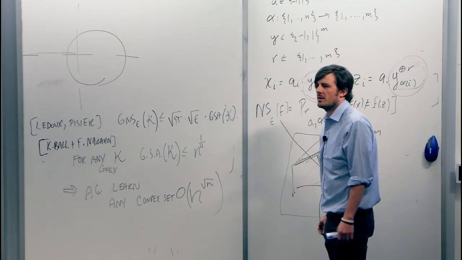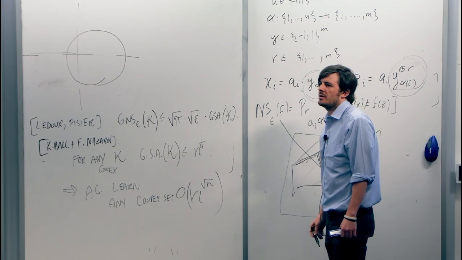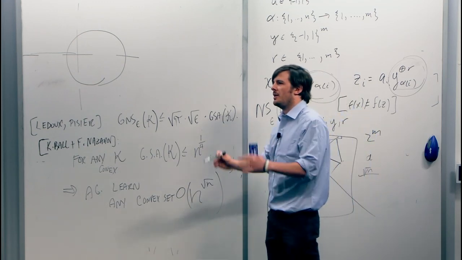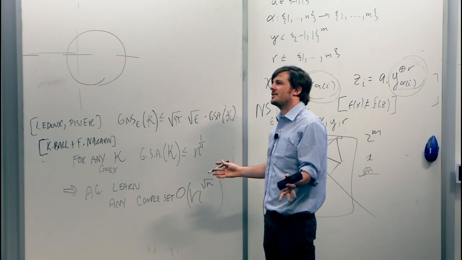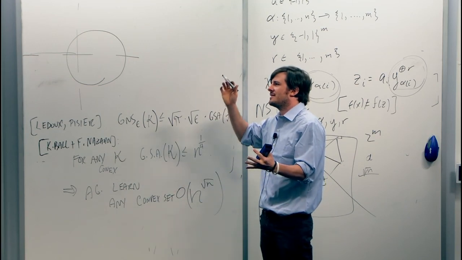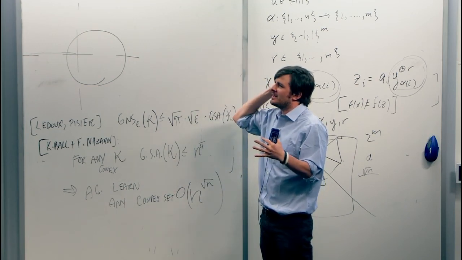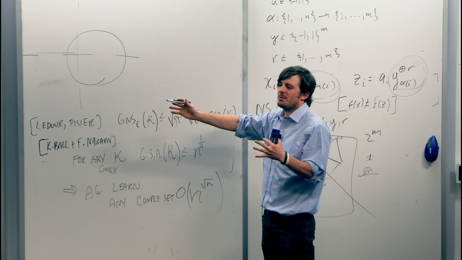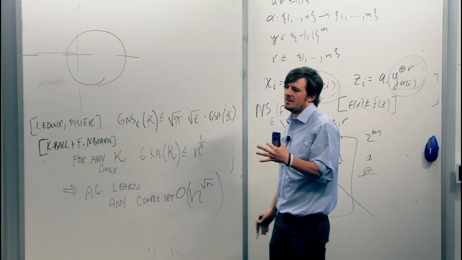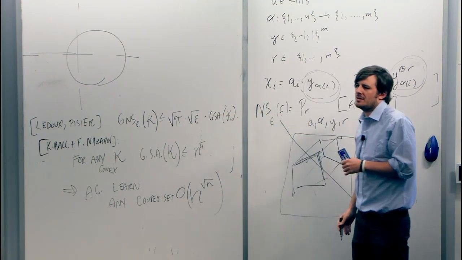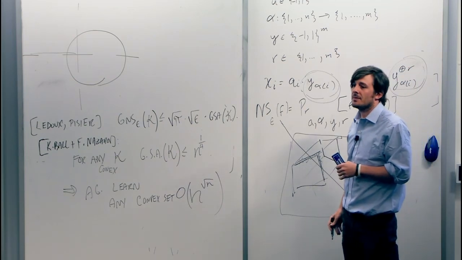Is this n to the 1/4 best possible? Yes. You look at a sphere of a sufficiently large radius, and you look at an exponential number of random tangent hyperplanes to the sphere. What's the body?